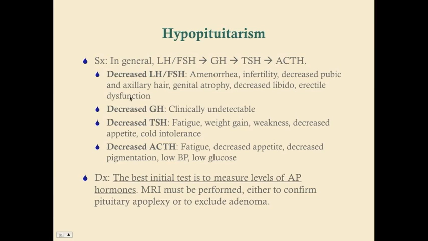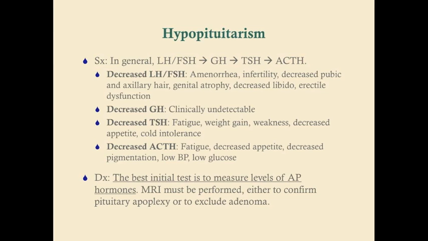So we talked about the symptoms. As far as diagnosis, the best initial test is to measure the levels of anterior pituitary hormones, but in order to make a definitive diagnosis, we have to do an MRI, and either that would be to confirm pituitary apoplexy, which should show up on the MRI, or we would do it to exclude adenoma.